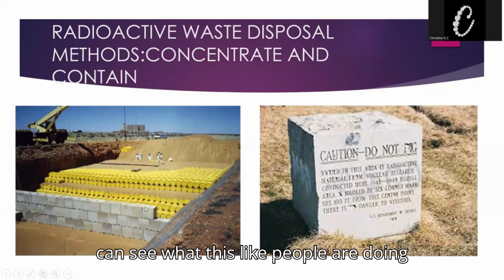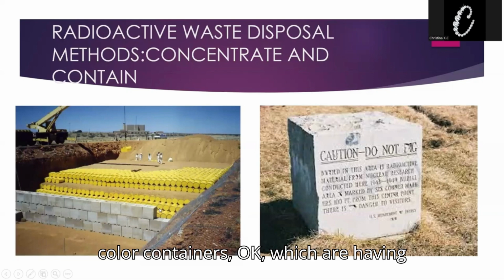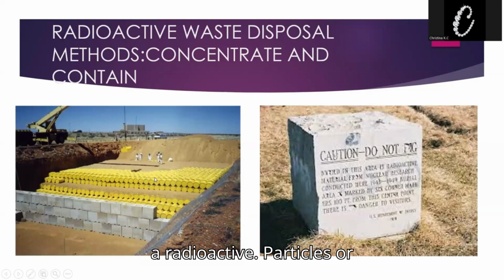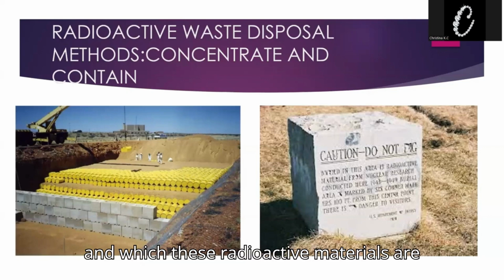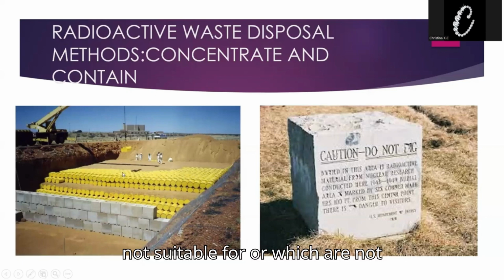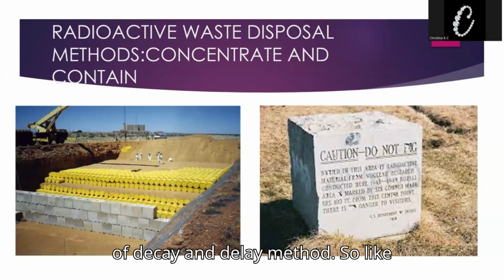Now here you can see what these people are doing. All these yellow colored containers have radioactive materials which are highly active, and which are impractical or impossible to handle with the decay and delay method.